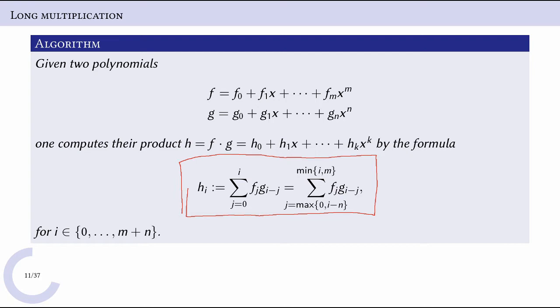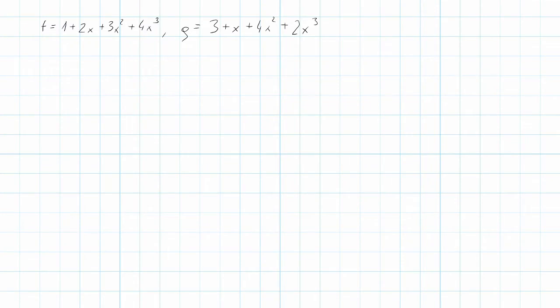So as I said, let me do a simple example. Let's take the following two polynomials and I will compute the product using long multiplication, and I will do it in a very explicit way so we can easily see how many products of coefficients we really need here.